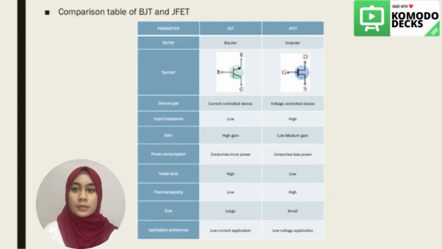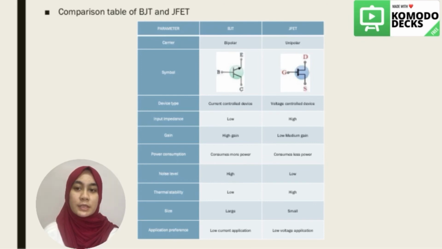Gain, BJT has high gain, while JFET has low medium gain. JFET consumes less power than BJT. For the noise level, JFET is lower than BJT.